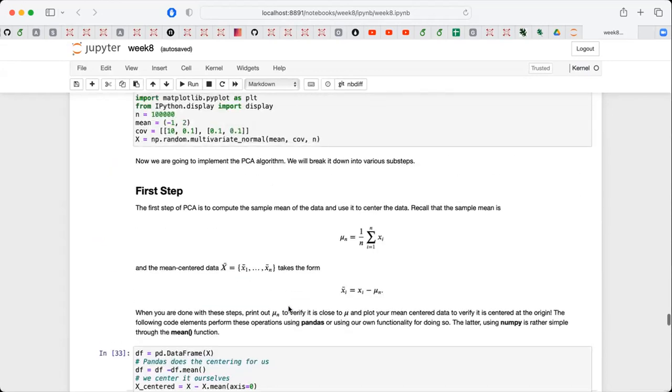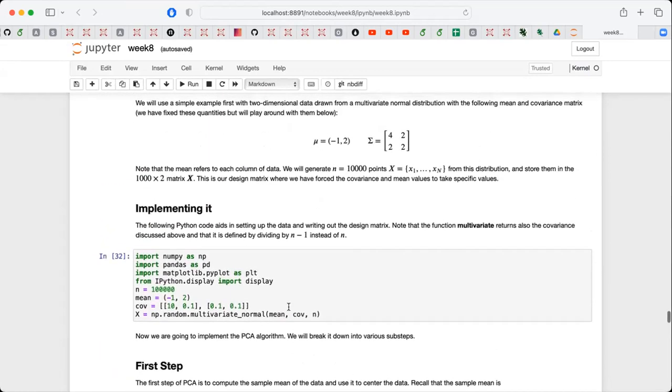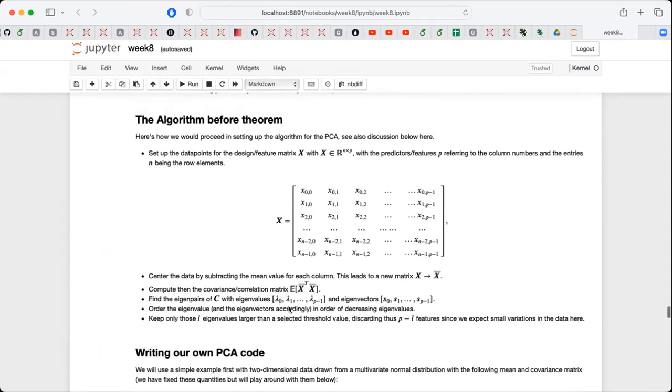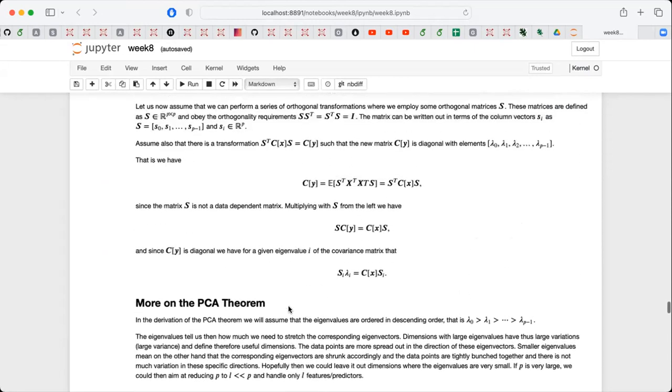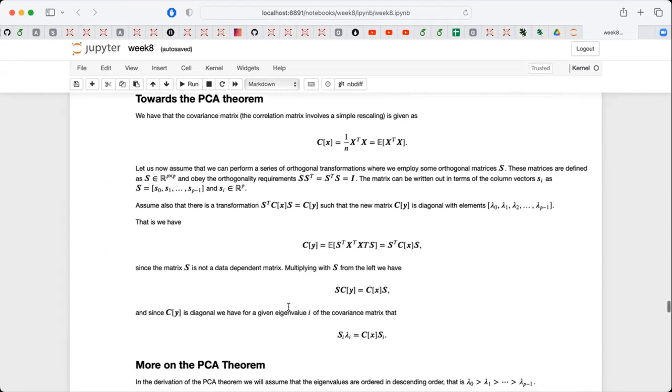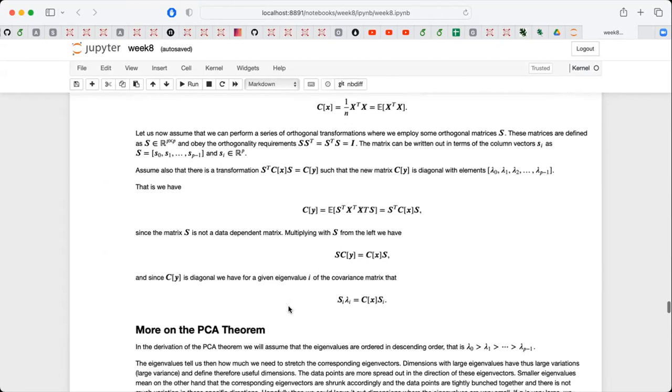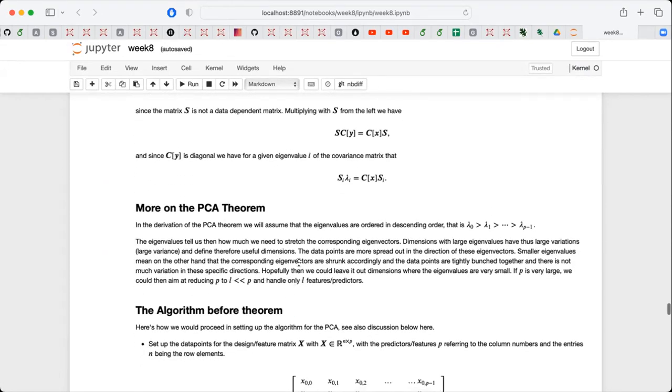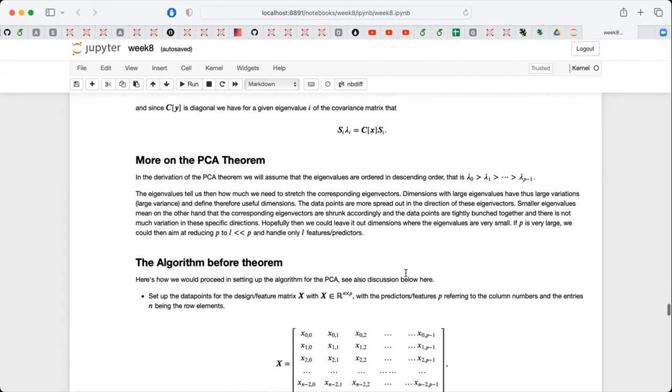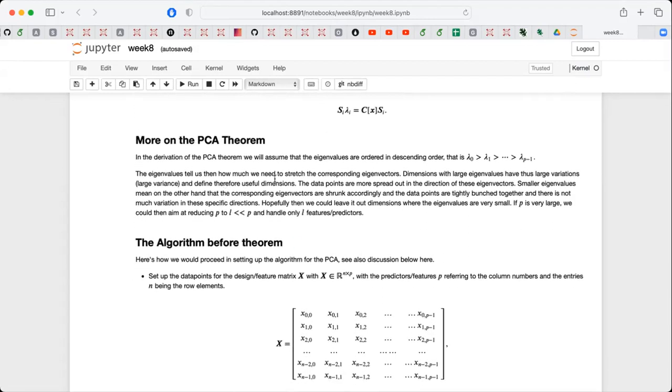So if we now go back, after these simple demonstrations, to the PCA theorem, what it says is that we assume that the eigenvalues are ordered this way. The eigenvalues tell us how much we need, as you saw from the example, to stretch the eigenvectors.